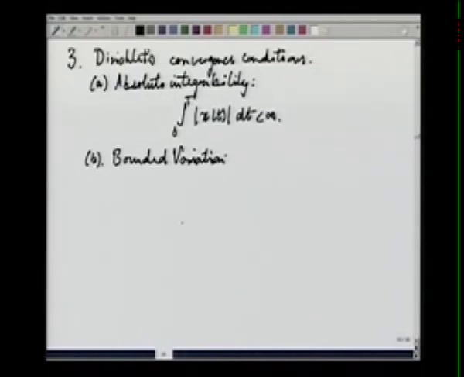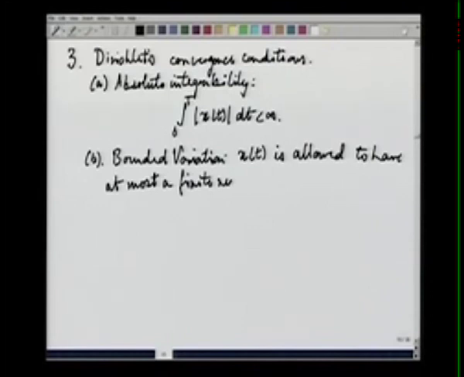That is to say that x t is allowed to have at most a finite number of alternations, maxima and minima.